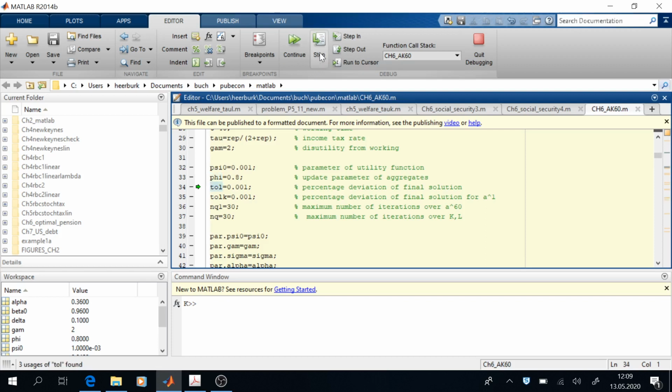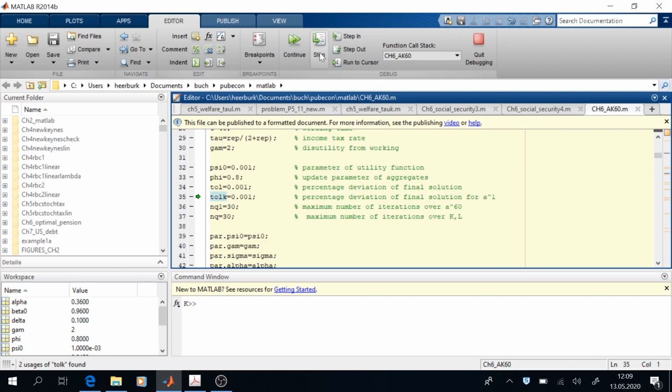We want a tolerance for our final solution for the aggregate capital stock of 0.001, and the same holds for the wealth level of the 1-year-old, over which we iterate in the inner loop over the optimal policy function, the nonlinear equation problem in the variable A60.